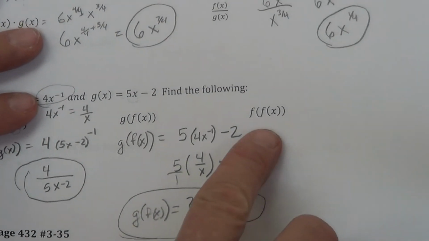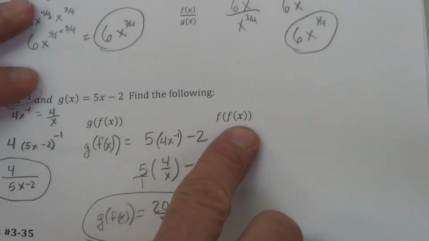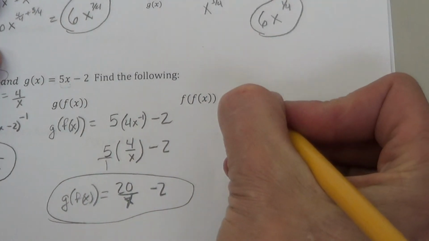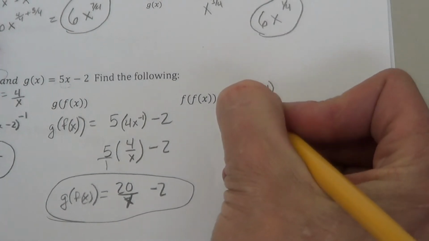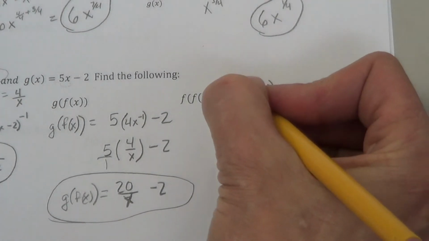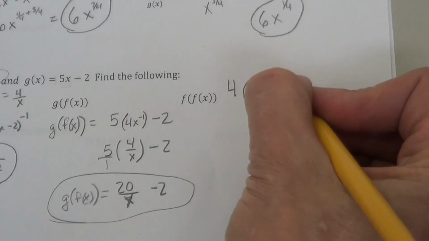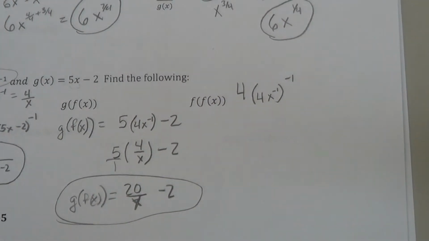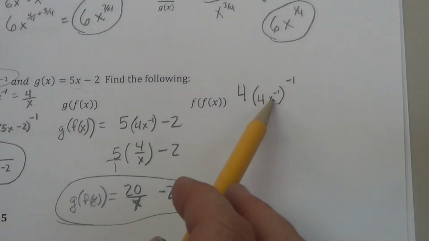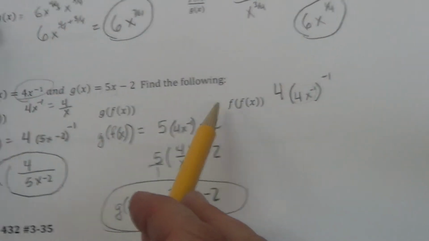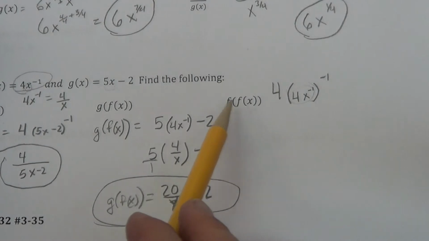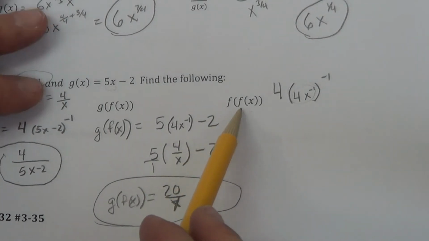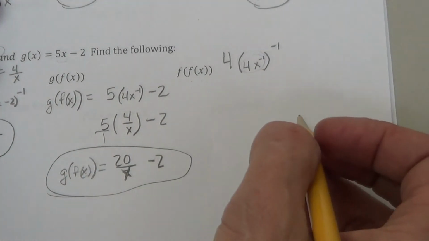Our last one, f of f of x, that means we're taking this 4x to the negative first, and we're plugging it inside of that 4x to the negative first. Okay? This whole thing, the f of x, had to replace the x right there because it was f of f of x. Composition here.